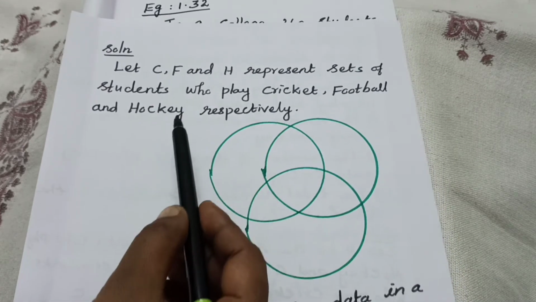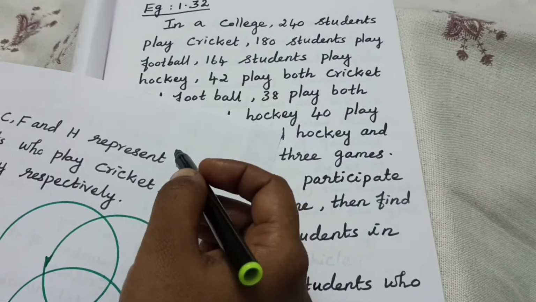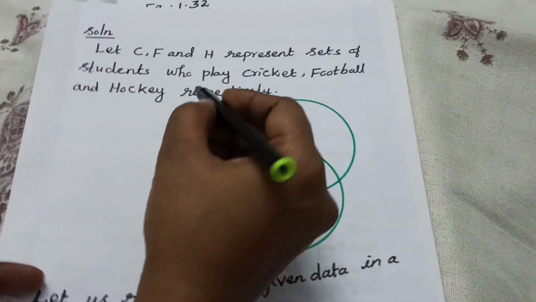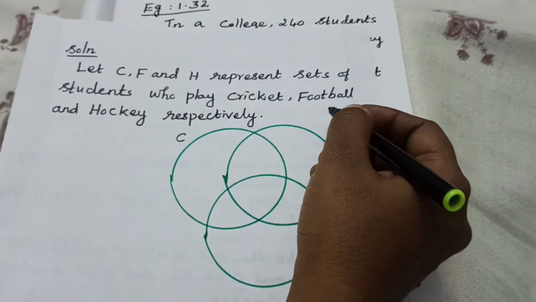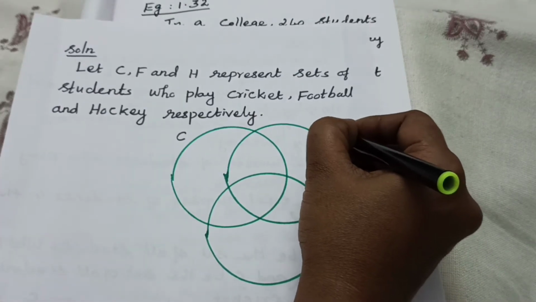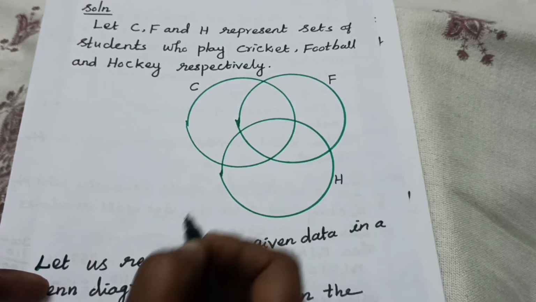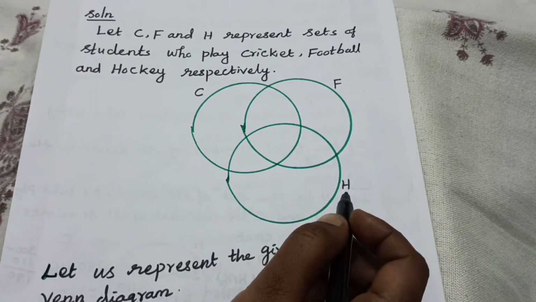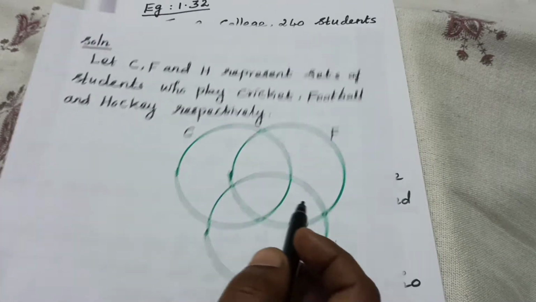The first set is C, then football F, and the third set is H. Cricket, football and hockey.